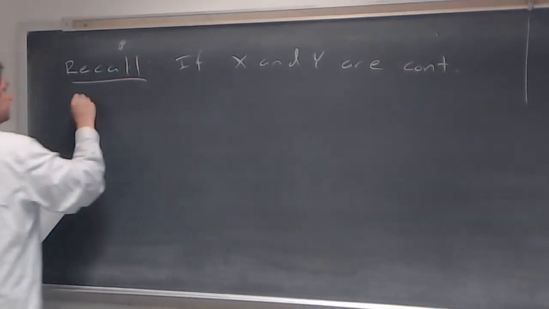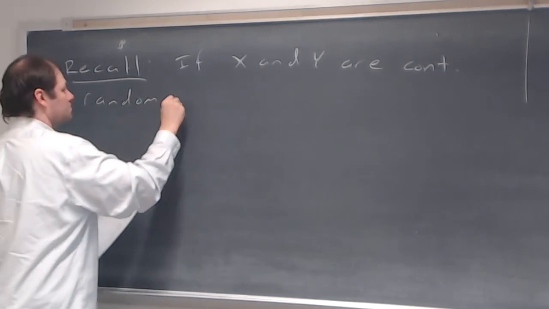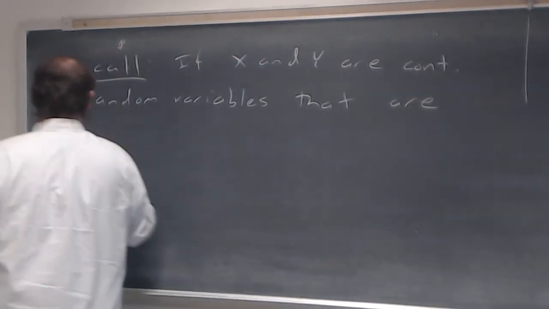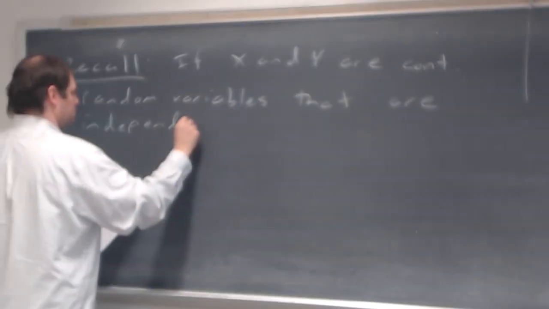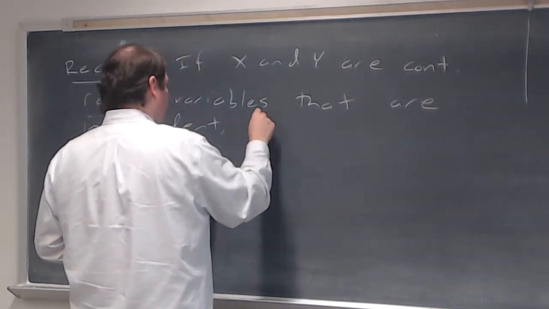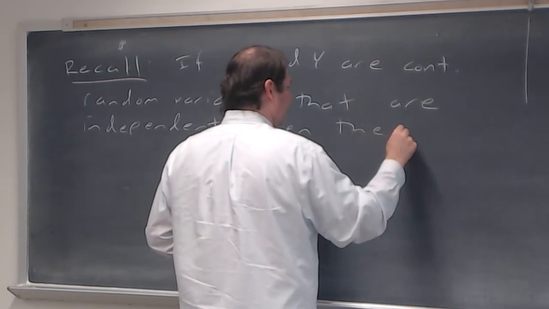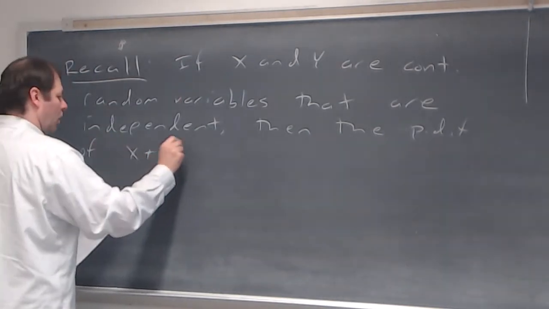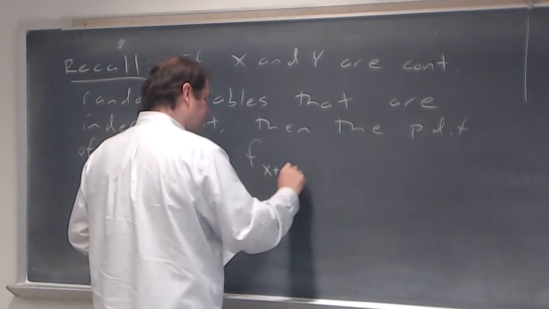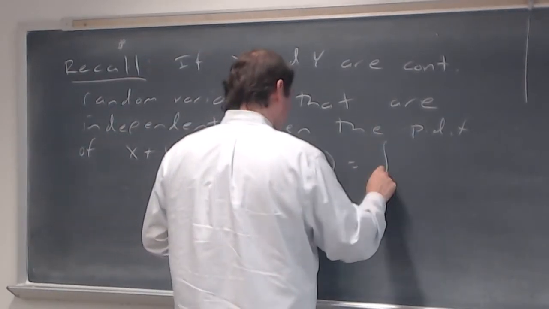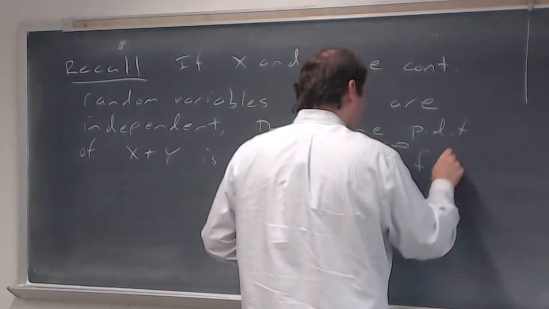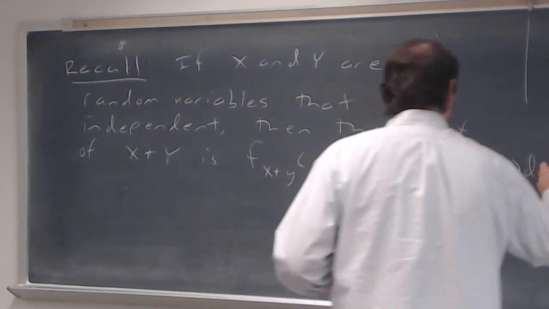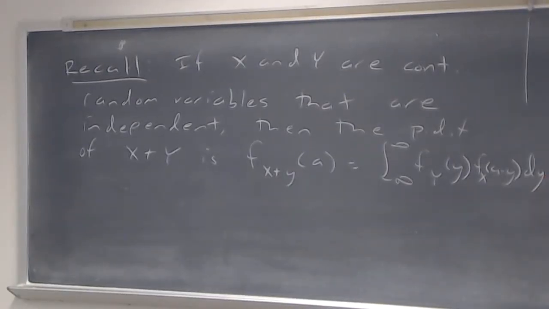If X and Y are continuous random variables that are independent, then the probability density function of X plus Y, evaluated at a, is equal to the integral from minus infinity to infinity of f sub Y of y times f sub X of a minus y, dy. That's what we got.